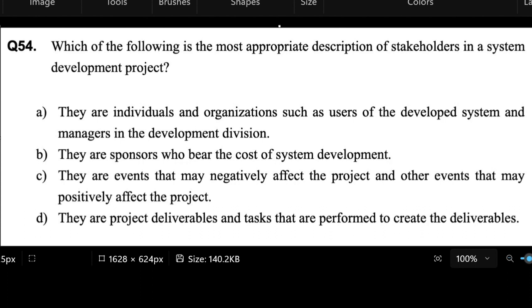To answer this question, of course, we need to read each and every choice available for us.